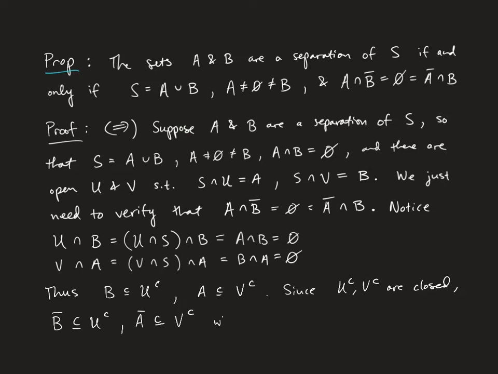Which is equivalent to, if this set is contained in the complement of U, that just means that U is totally disjoint from B closure. So we can write this as B closure intersect U equals the empty set, and A closure intersect V is equal to the empty set.